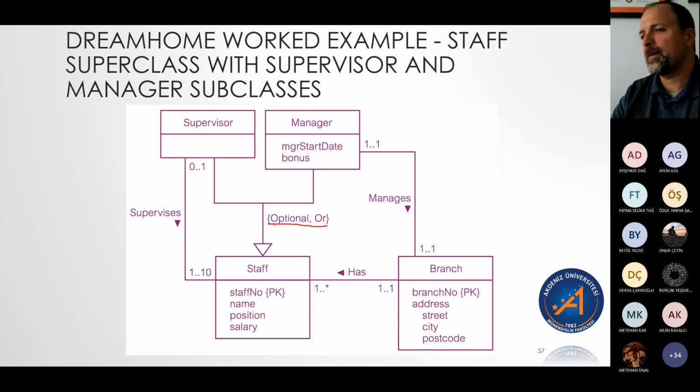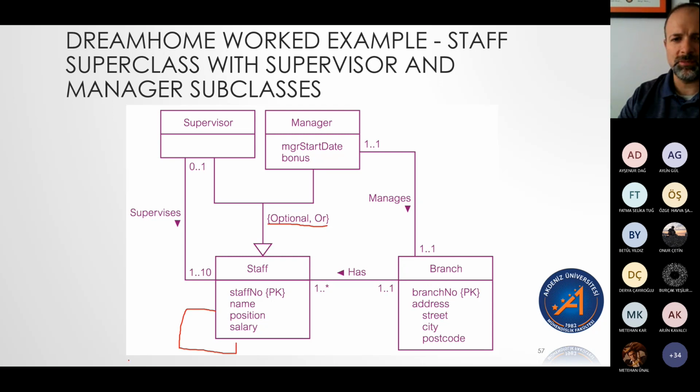So here, if you're a supervisor, you'll have one or more staff that you're supervising. Remember the way that we showed this before? It was what we called a recursive relationship, called supervises.